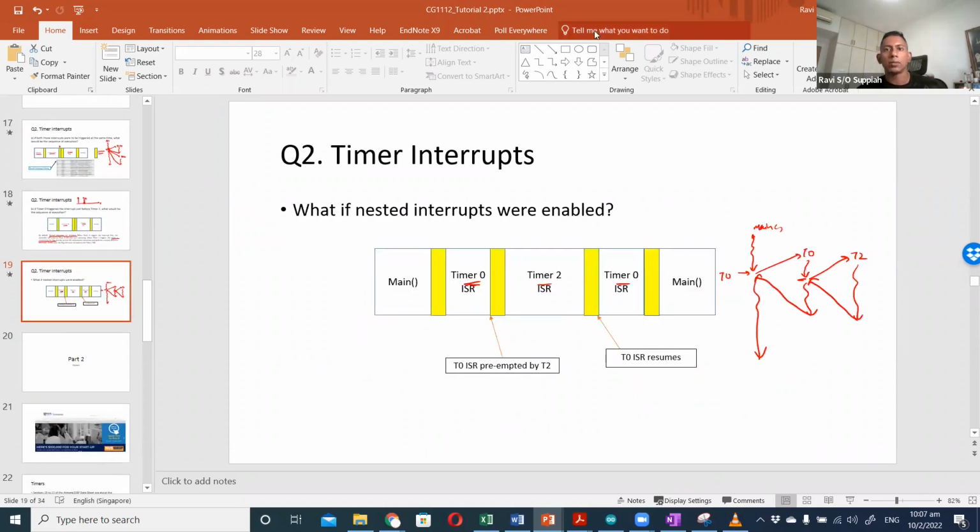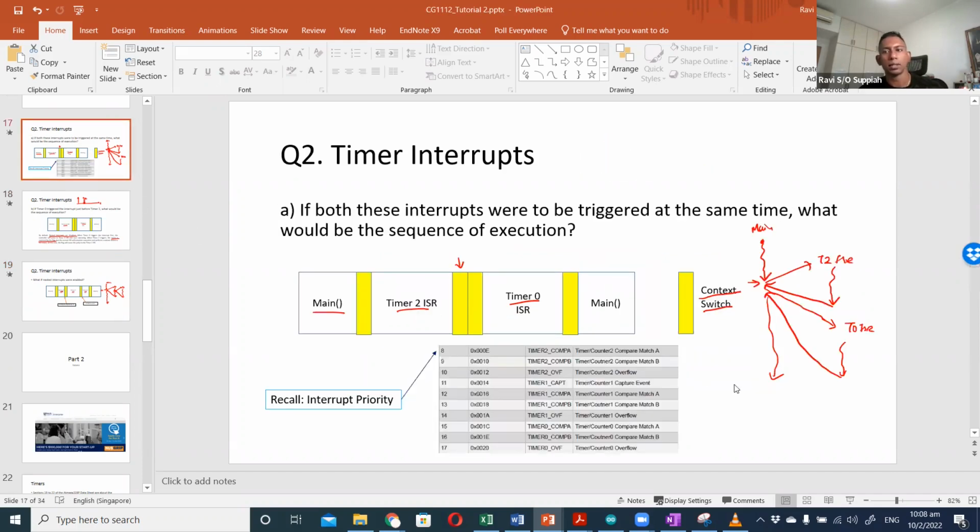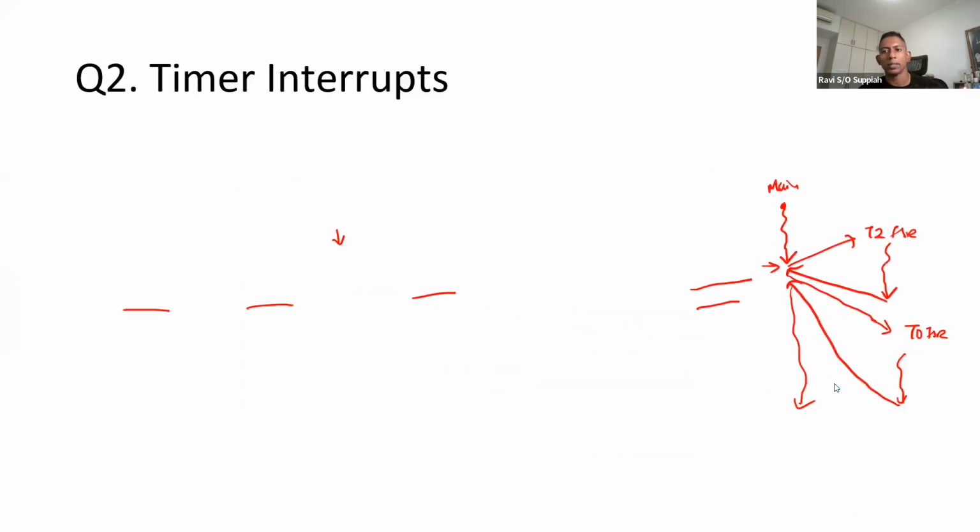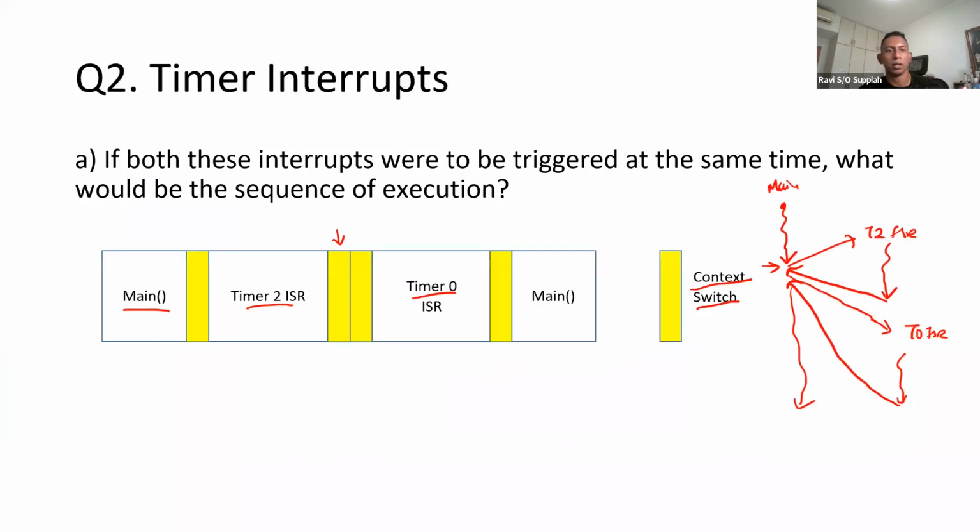Okay, so there's one more question on context switch. Basically in this example, when your main code is running, and both interrupts happen at the same time, timer 2 is higher priority, so timer 2 will get to run first. The context switch basically means that I save whatever I was doing.